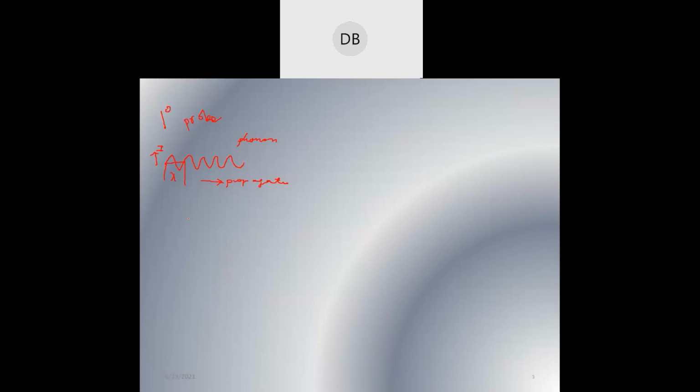Now in order to see something, suppose the primary probe is falling on something you want to see. In order to visualize it, we need to have at least one intensity peak of the phonon when the light passes or grazes through the material or falls on the material.